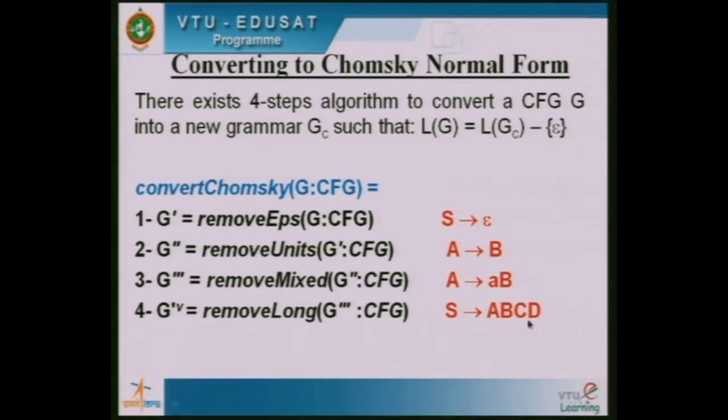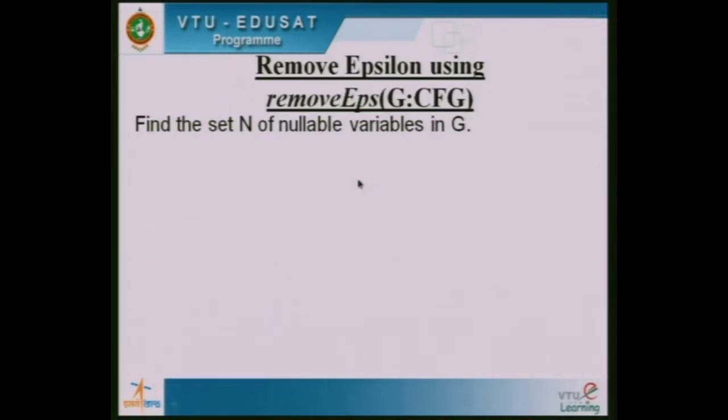So, these 4 non-terminals rule must be rewritten in such a way that it will have only 2 non-terminals. And whatever grammar we obtain from G4 is the grammar GC, which is converted from CFG to CNF. So, this is the 4-step algorithm used. Let us see them one by one.